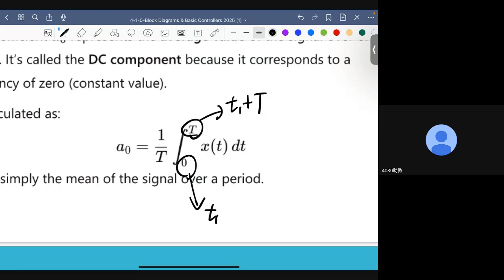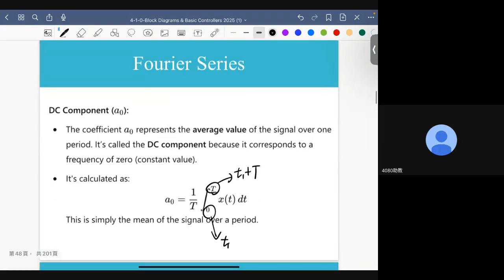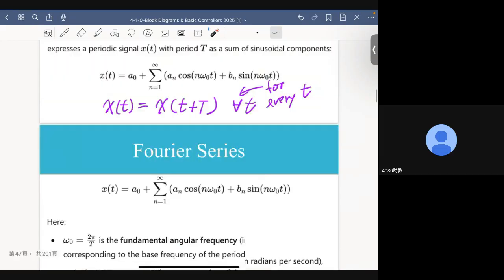Every point can be the end of a period. The only thing is, to be an end and a beginning of a period, the distance between these 2 points has to be capital T. That's it. All right.